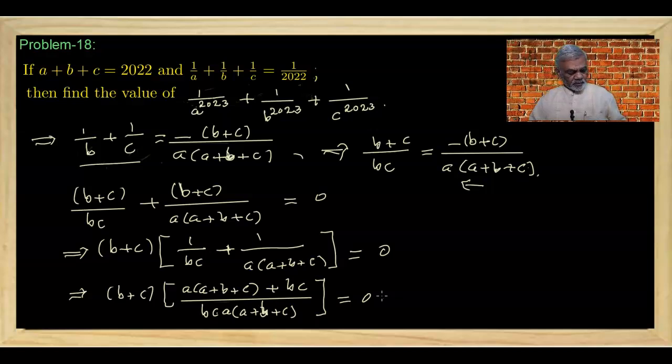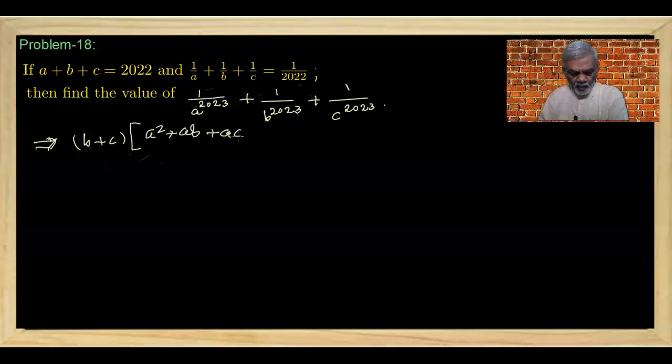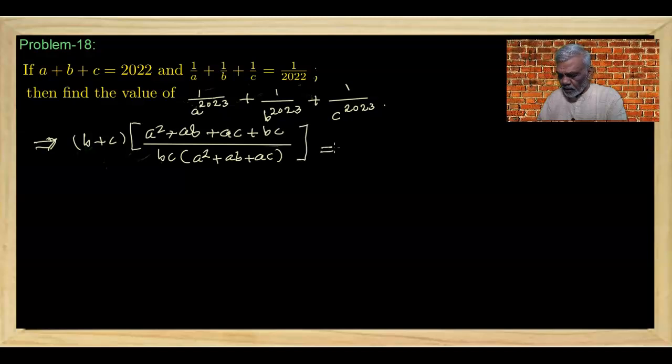And simplifying the numerator as well as the denominator, this implies b plus c into bracket a square plus ab plus ac plus bc, the numerator, and the denominator bc into a square plus ab plus ac, equal to 0.